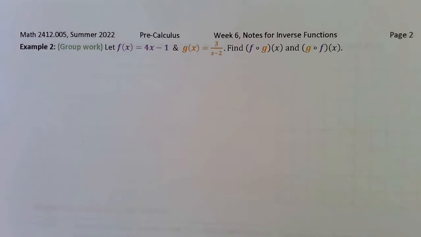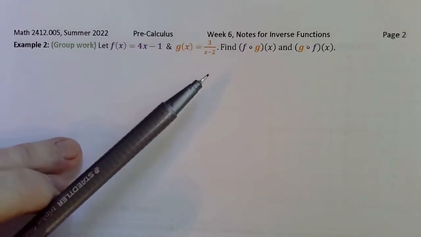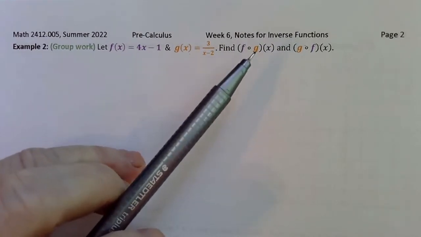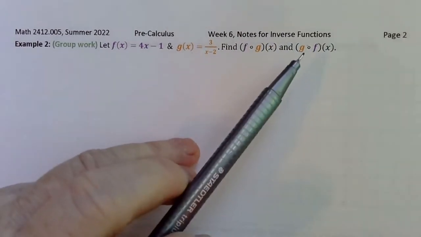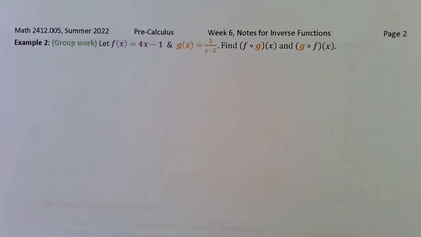So go ahead and work out, letting f of x be 4x minus 1 and g of x being 3 over x minus 2, and find both f composed with g of x and g composed with f of x. Okay, great.